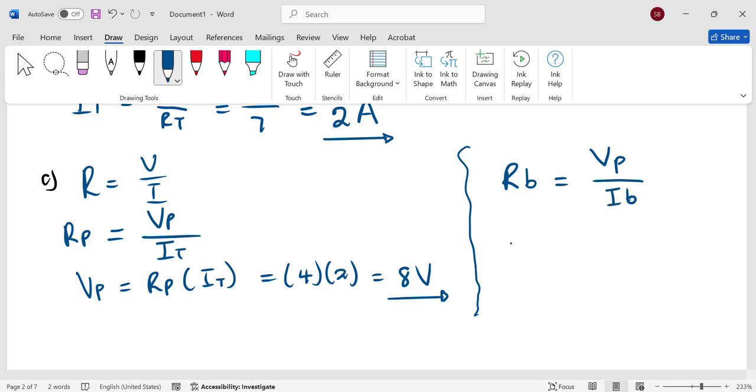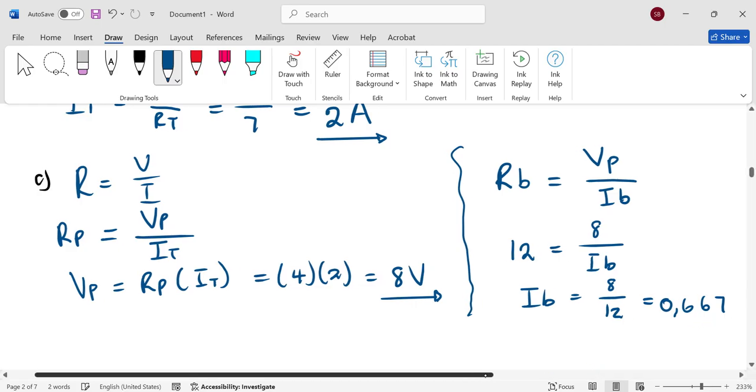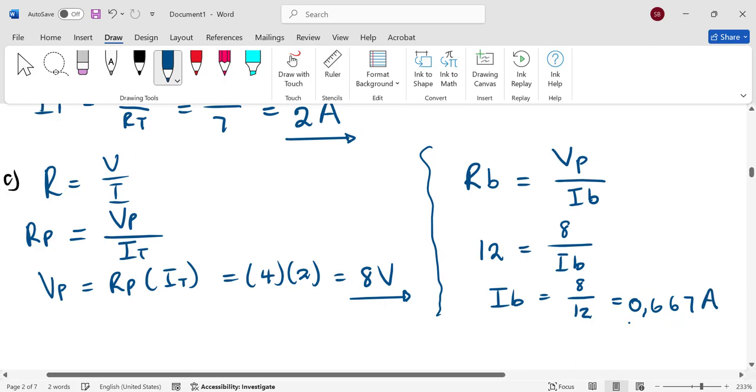The resistance was 12, the voltage in parallel is 8, and I want the current IB. So IB is 8 divided by 12, and that gives me 0.67 amperes. I'll make it 0.667 because it's not the final answer, so we avoid any rounding off errors. So that is IB.